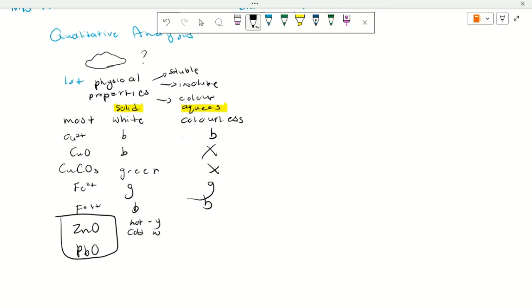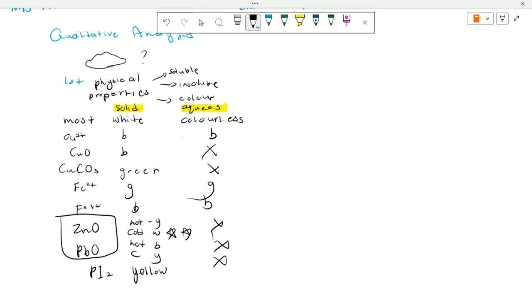For PbO, when it's hot, it's brown, but when it's cold, it's yellow. Please remember this because it could come out in the exam. I'm going to put a star here. Now I'm going to put 2 stars. And then we have PbI2, which is just yellow. Okay, these are the colors of salts. There are more, but these are the ones I think are important.